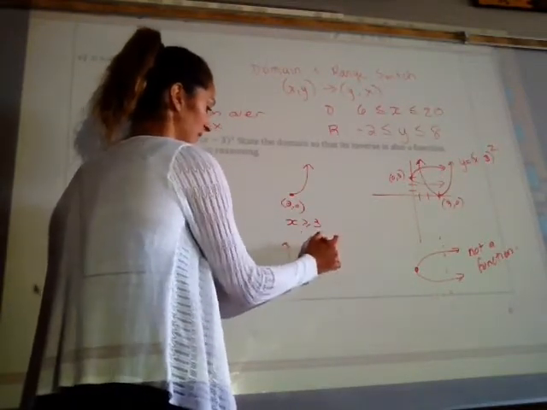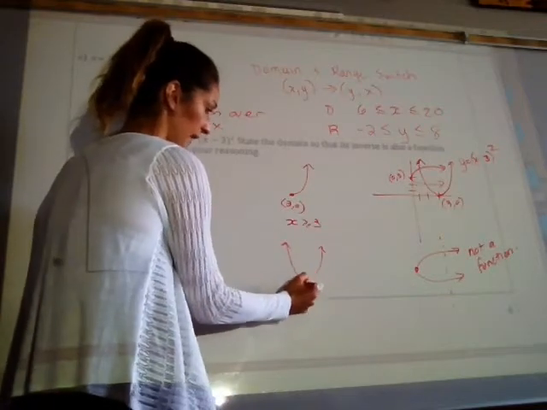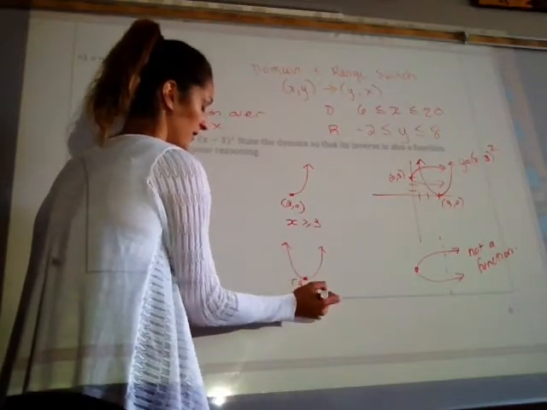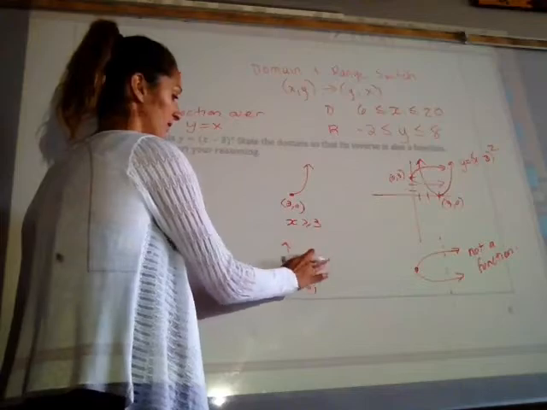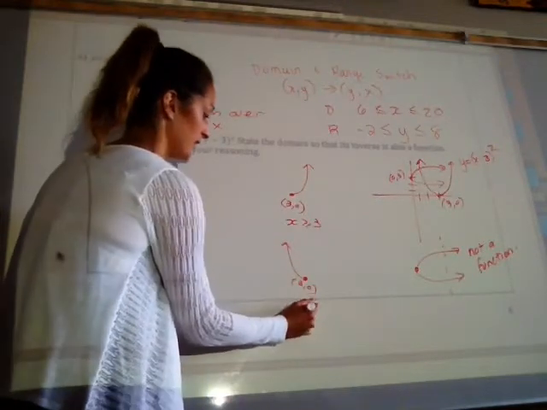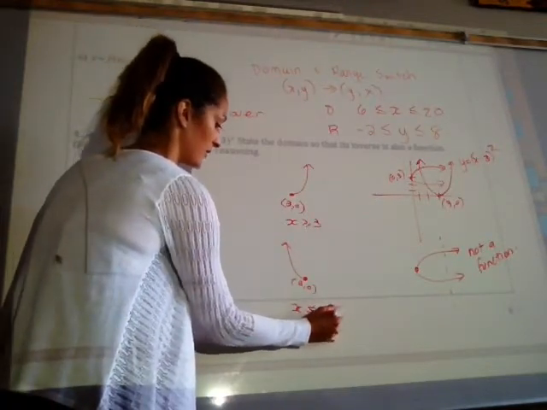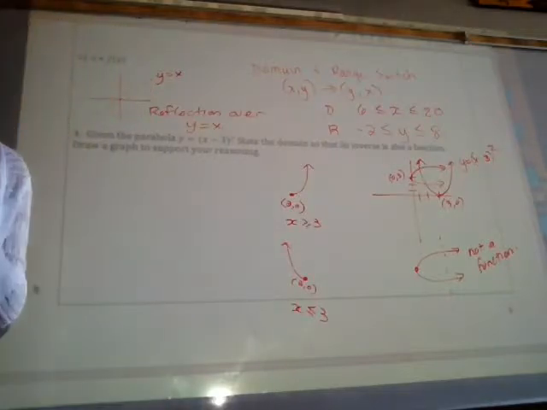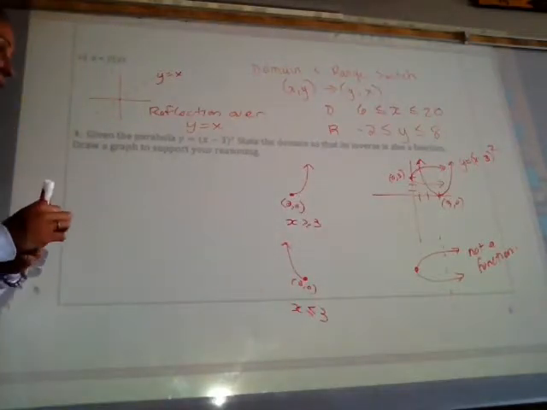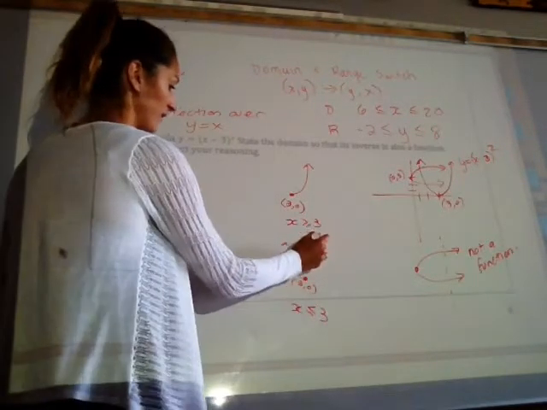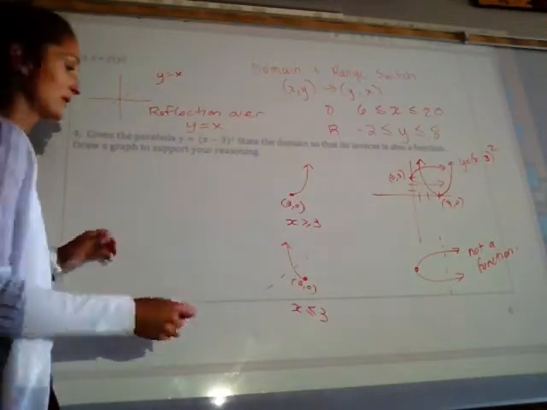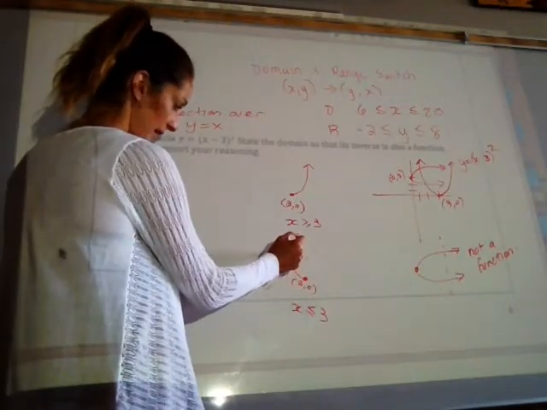Or let's draw another one. Okay, at the vertex (3, 0), what if I took away the right hand side? I could have a domain of x is less than or equal to 3. Okay, so now if I took the inverse of this, I reflected over the line y equals x.